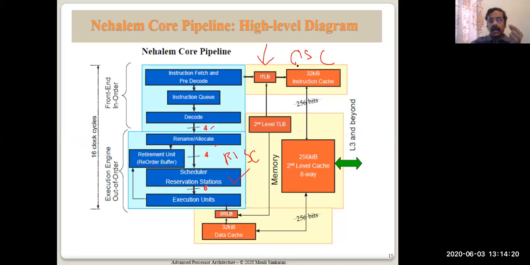So they convert the CISC instructions into multiple micro ops and then schedule them into execution units, and they get completed. If you look at the picture, you know all these modules: pre-decode, execution units and reservation stations. And the scheduler means dynamic instruction scheduling.